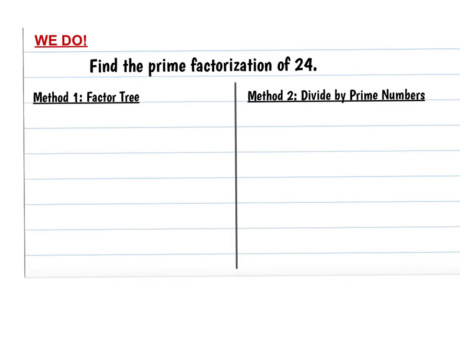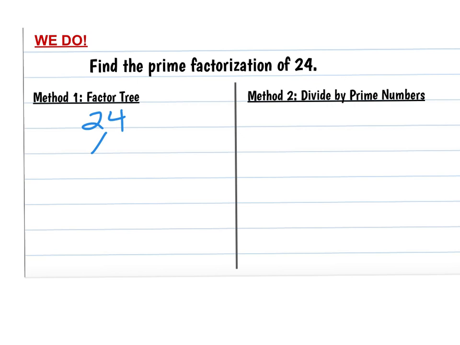So here I'm going to show you two methods of how to find the prime factorization of a number. Method 1 is the factor tree, like you saw on the previous slide. Method 2 is dividing by primes. So let's show you. And remember, you're going to follow along. You might do this differently than I would, but if I start with 24, that's the top. When we say factor tree, it's almost like this is your plant and the roots are what's below.